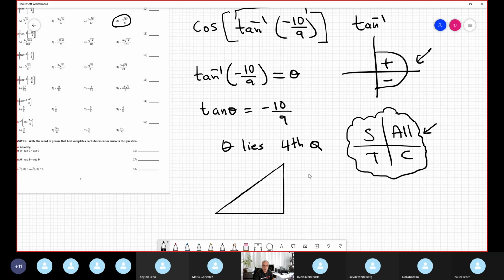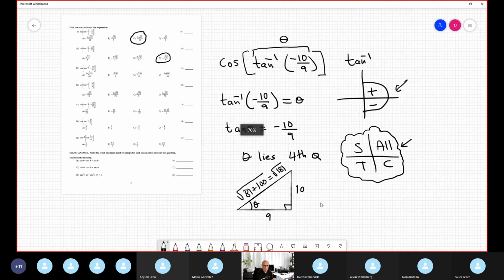This is my famous triangle, 90 degrees, theta. The tangent by definition is the ratio between opposite and adjacent. Square root of 9 squared is 81, 10 squared is 100, so square root of 181. I leave it like that because no more simplification is possible.